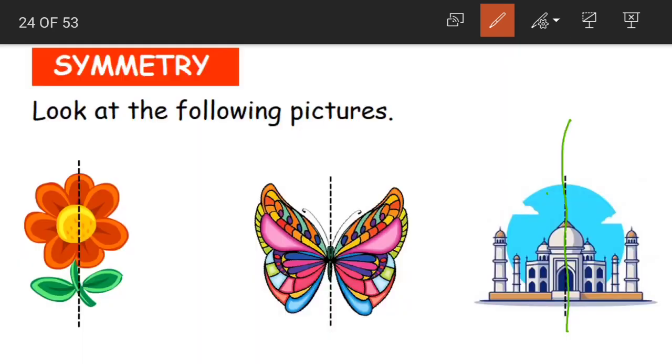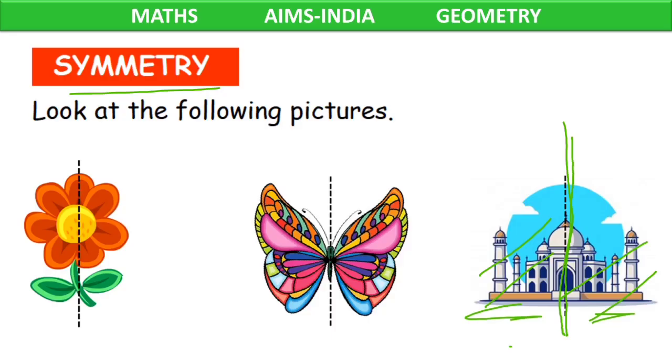That means this line of symmetry divides the picture or the object into two halves such that both the halves are identical. Both the halves are exactly the same. So this line is called as our line of symmetry.